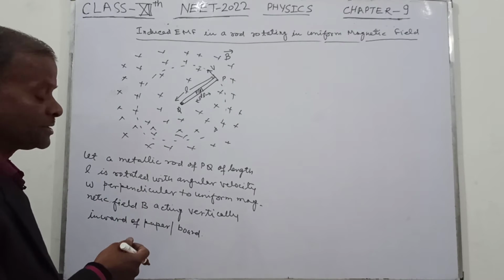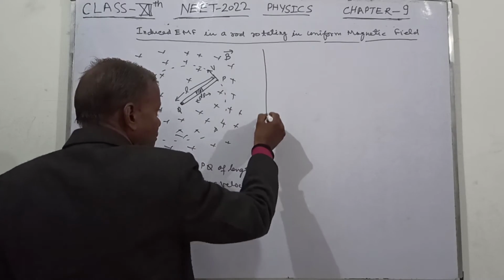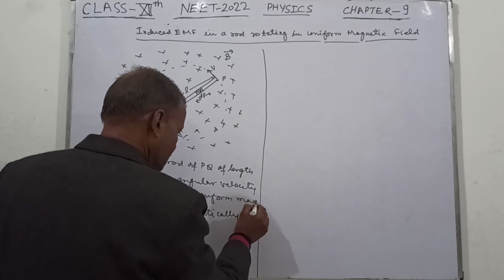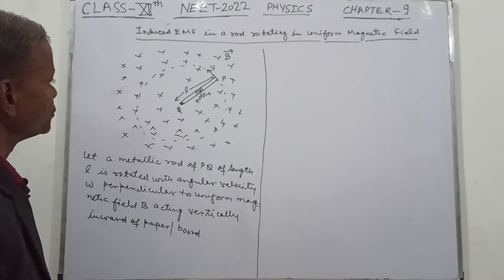This metallic rod has free electrons. As a result, there will be the Lorentz force on these free electrons.